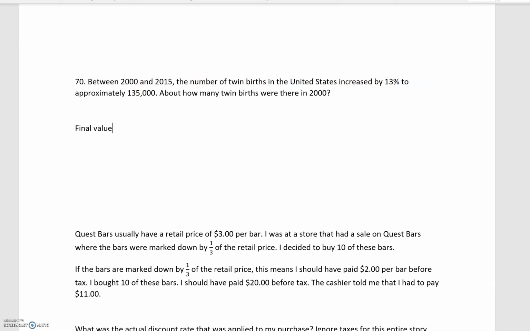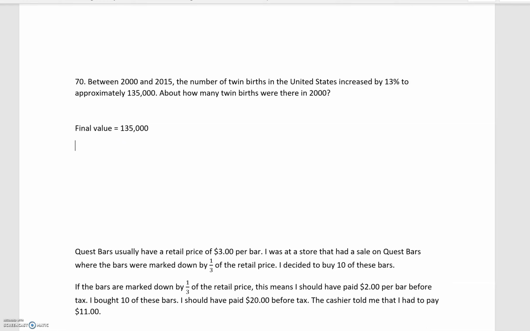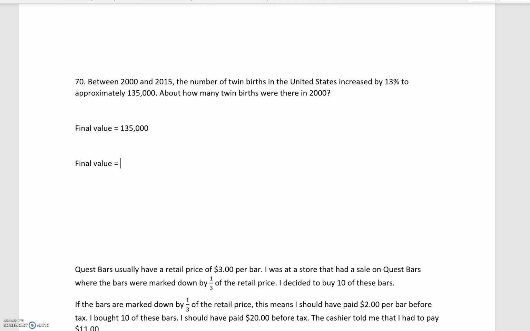So we have the following. The final value is 135,000. What do we know? The final value is equal to 100 plus 13% of the original twin births, right? Twin births in 2000.